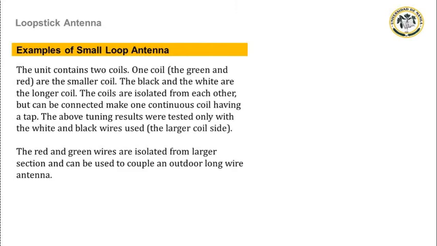The above tuning results were tested only with the white and black wires used, the larger coil side. The red and green wires are isolated from the larger section and can be used to couple an outdoor long wire antenna.